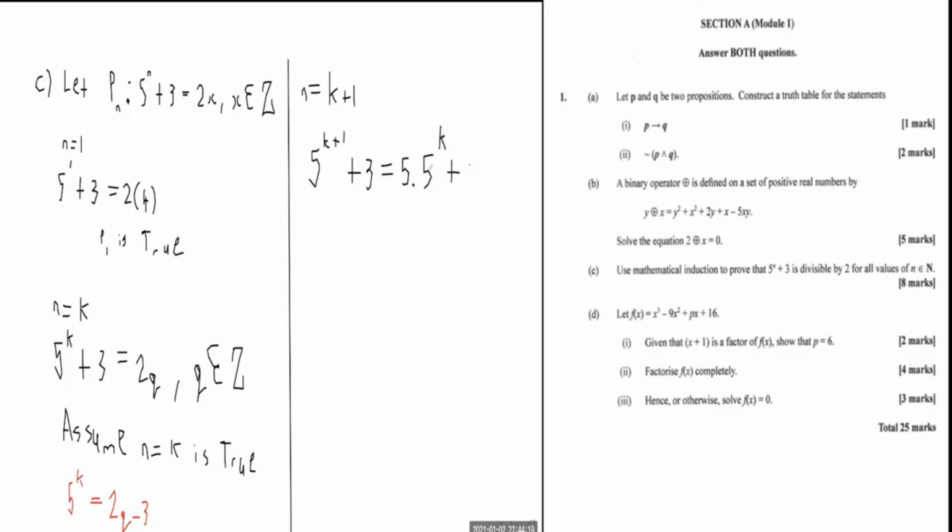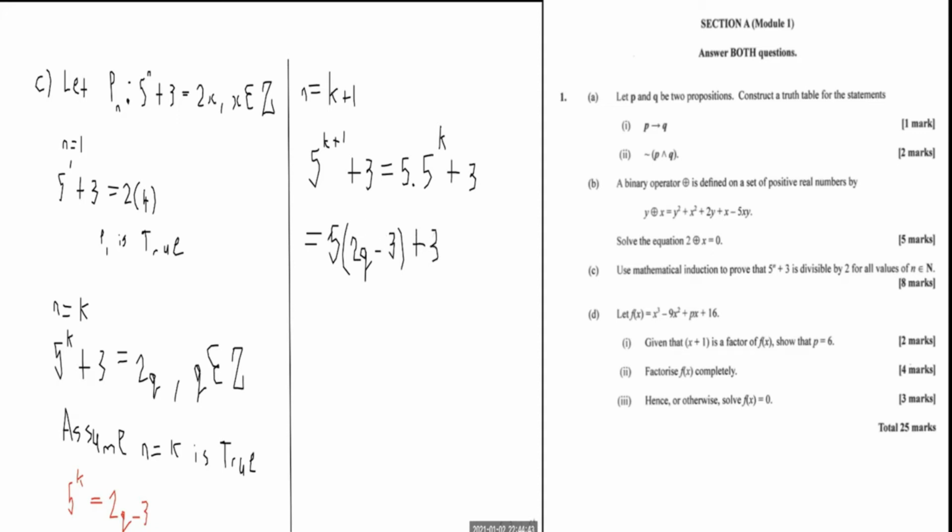But then, of course, 5 to the k is 2q minus 3. So what I'm going to get is 5 times, and 5 to the k is 2q minus 3, plus 3. Nice and easy.